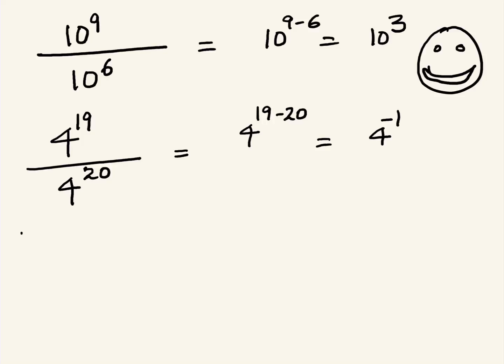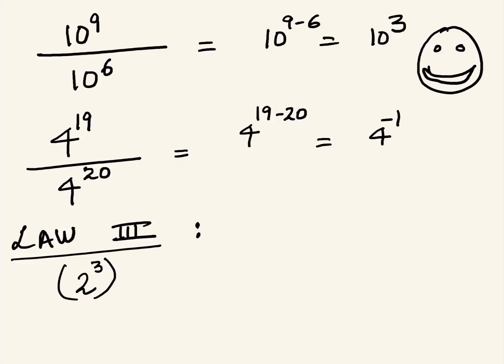When we go on to our next law, law number 3. So what we've got over here is power upon power. So if I have 2 to the power 3, whole thing to the power of 3, you know what it means?